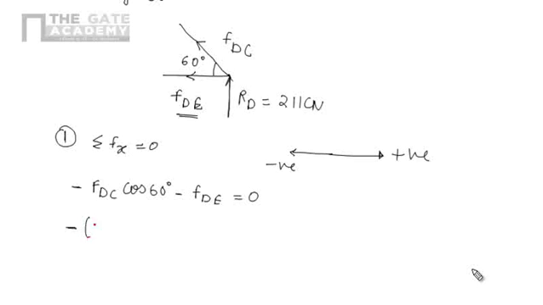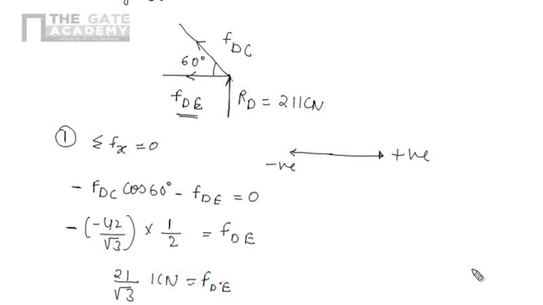CD or DC will be the same, so it is minus 42 by root 3, and the value of cos 60 is nothing but 1 by 2, equals FDE. So this will come around 21 by root 3 kilonewton for FDE. So the value of FDE will be 21 by root 3 kilonewton.